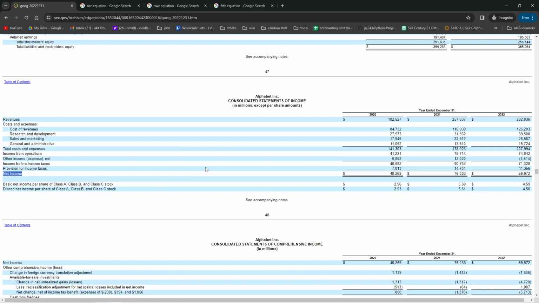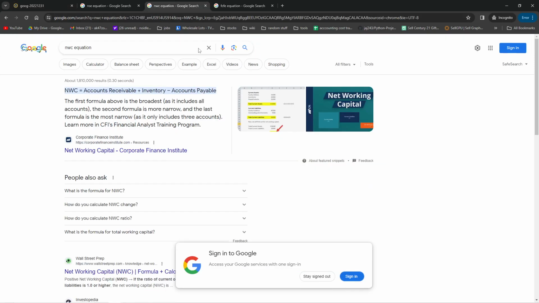The next major thing that we're going to look at is net working capital. It's useful in a lot of different finance equations that we'll go into later, and it's basically the amount of capital tied up in business operations. The actual equation for this is accounts receivable, the money that's still owed to the company, plus the inventory, minus the amount that the company still owes to other companies.